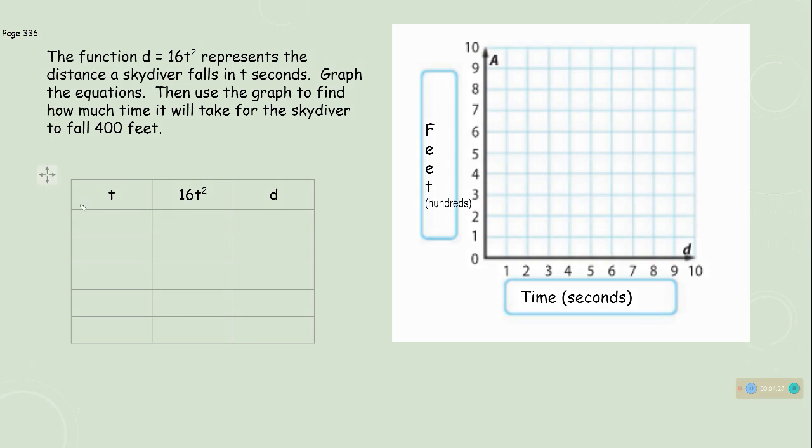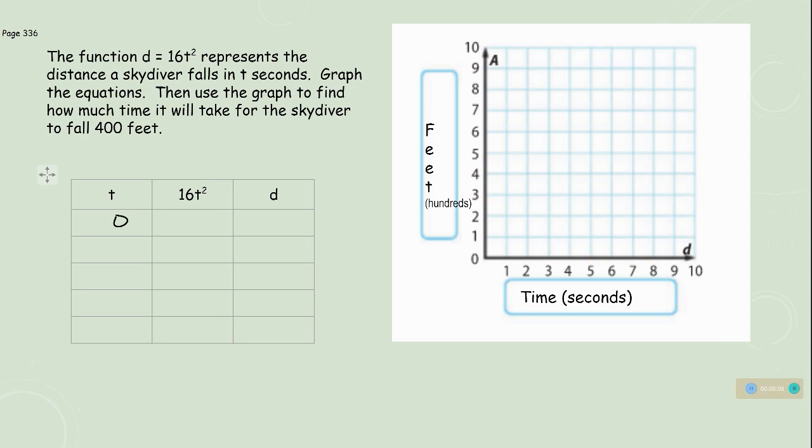Okay, so here we've got a situation where we have a function, d equals 16t squared. It represents the distance a skydiver falls in seconds, t. We're going to graph the equation. We're going to use the graph to find out how much time it takes for a skydiver to fall 400 feet. Okay, since we are not actually starting at a given point and dropping, we're just talking about how many feet difference there are, we're going to use just positive numbers.